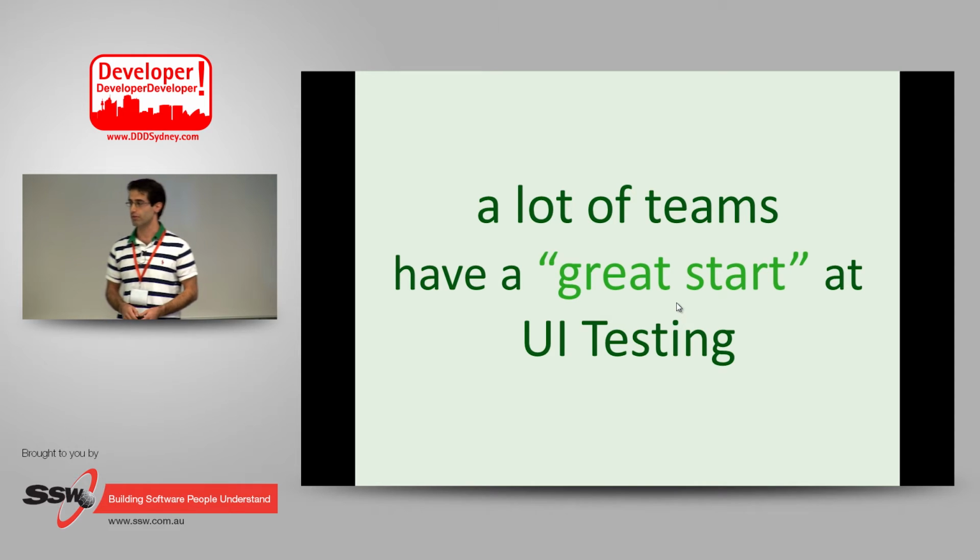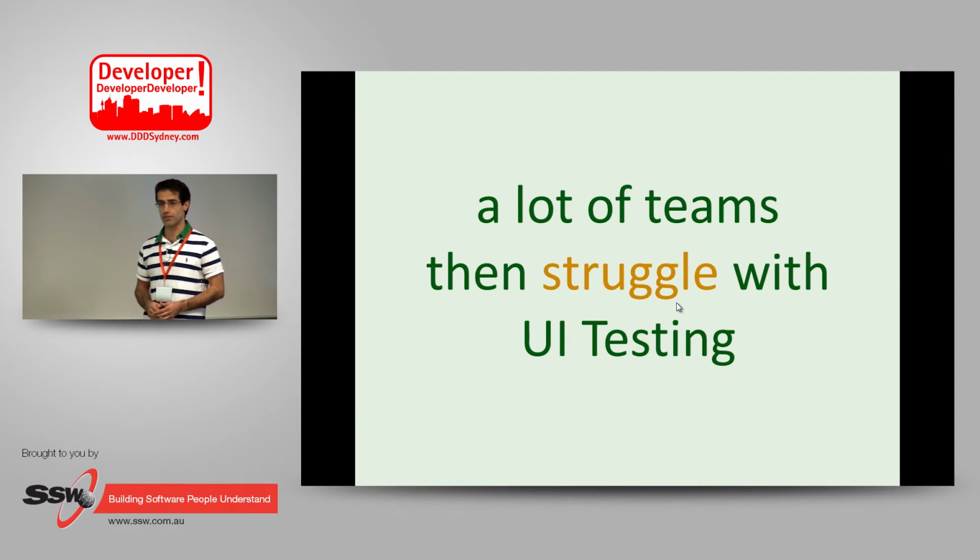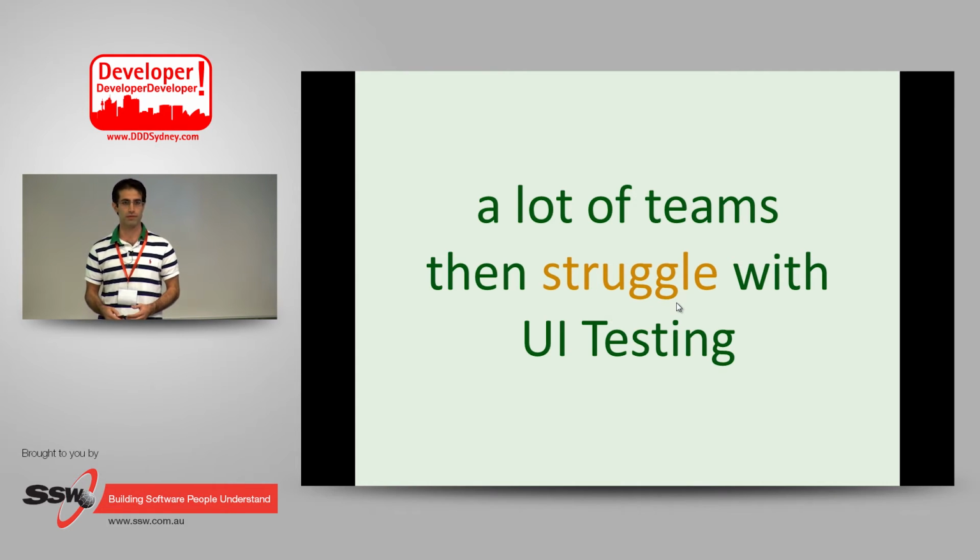And then the code changes, the requirements change, and all of a sudden you end up with half your tests broken. And the tests are not broken because the logic has necessarily changed. The tests are broken all for the wrong reason. Like you change a label on your page, the logic hasn't changed, but your test breaks. That makes it really unmaintainable, and you end up spending a lot of time, day by day, maintaining your test suite.